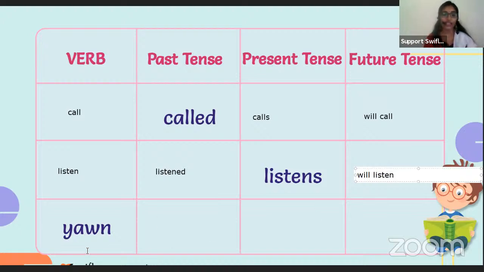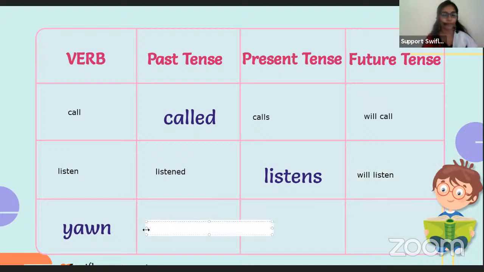Okay. And now we have another verb, yawn. So what is yawn? Before sleeping, whenever we feel sleepy, we yawn. That is the word and the meaning for yawn. Let's try this in the past tense.